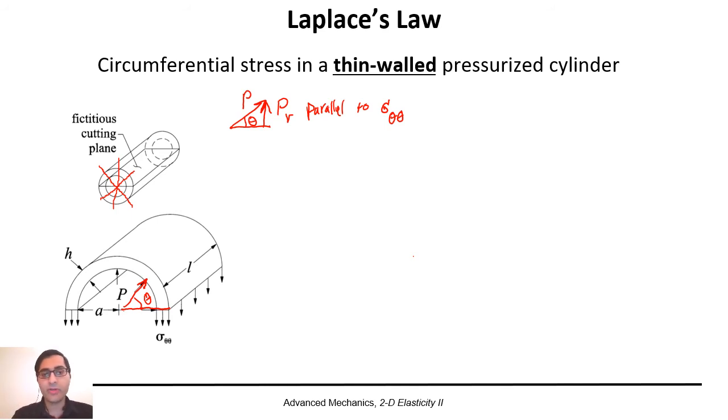Okay, the force caused by sigma theta theta is easily equal to 2 times sigma theta theta times H L. So H L is the area, and 2 because we have 2 of these areas on the 2 sides of the cylinder.